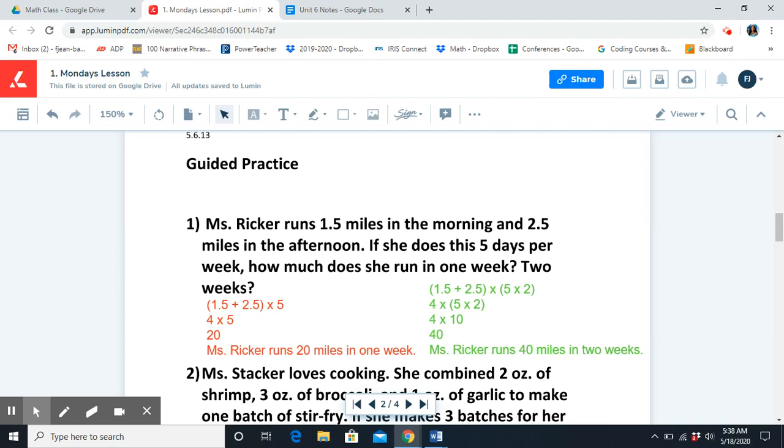So again, 1.5 plus 2.5 equals 4. Then we're going to rewrite our expression: 4 times 5 times 2. And then we get 4 times 10. And our final answer is 40. Miss Ricker runs 40 miles in 2 weeks.